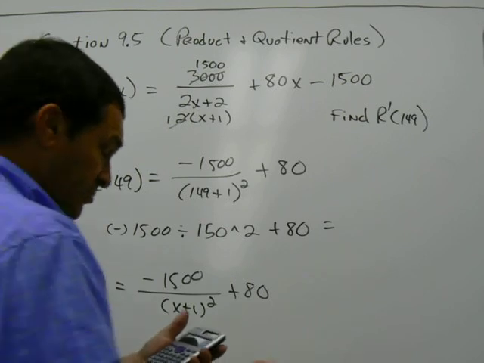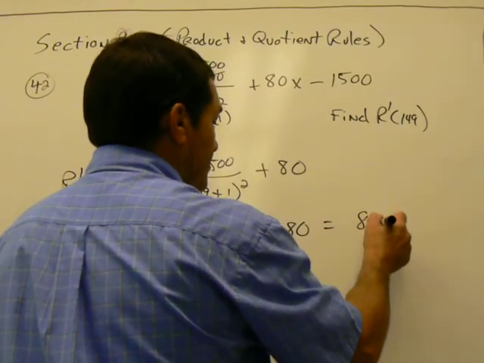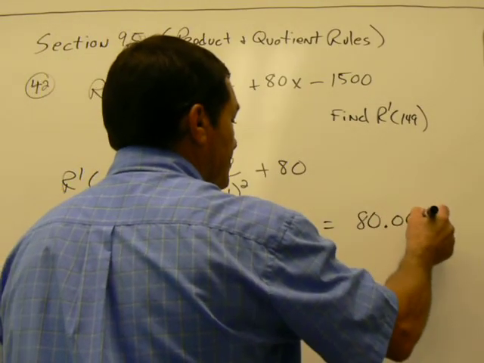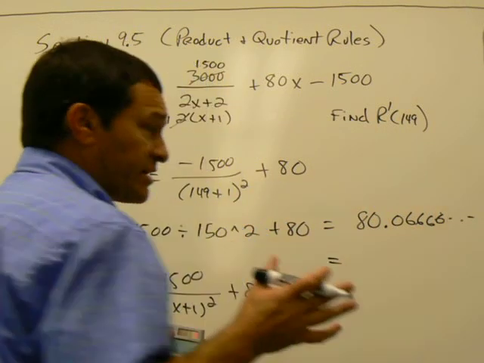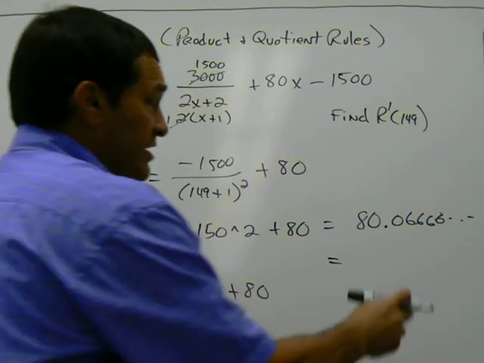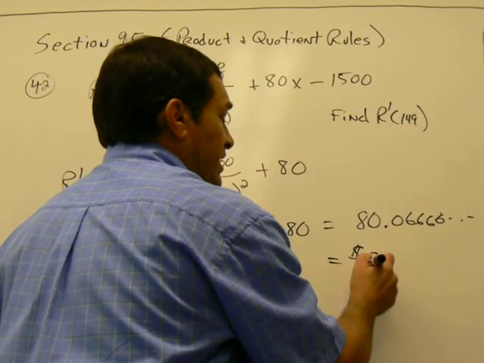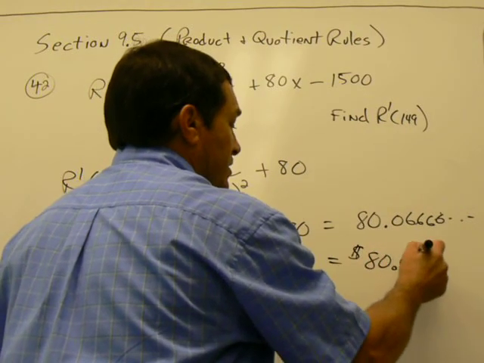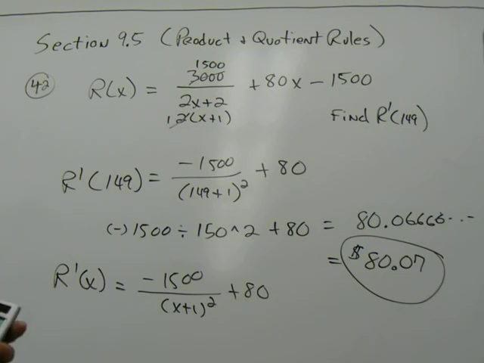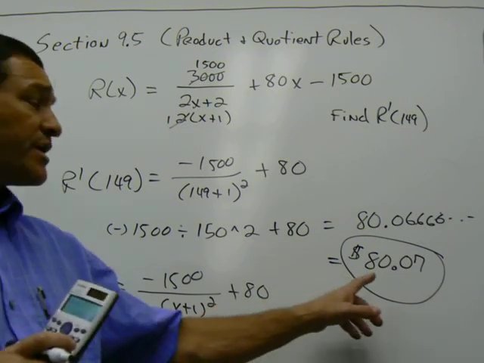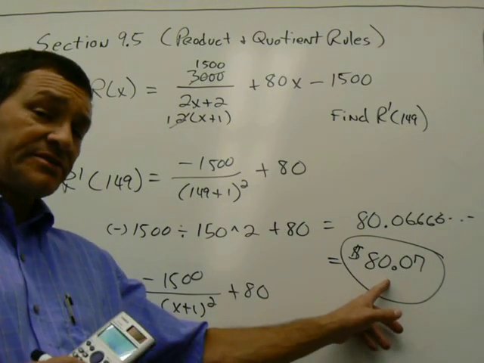And you should get 80.06666. And since this is a business problem, dollars and cents rounded off to the nearest penny, it would be $80.07. So when production is at 149 items, your marginal revenue is $80.07.